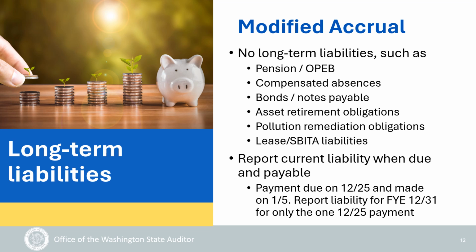That's because the government needs $100,000 of their current financial resources, cash in this case, to make that payment. They are not reporting the full $50 million bond because they will use future financial resources to make the rest of those bond payments.